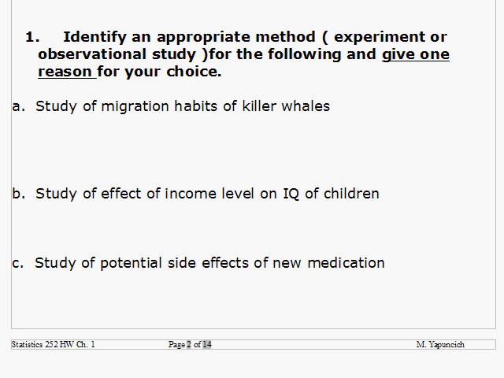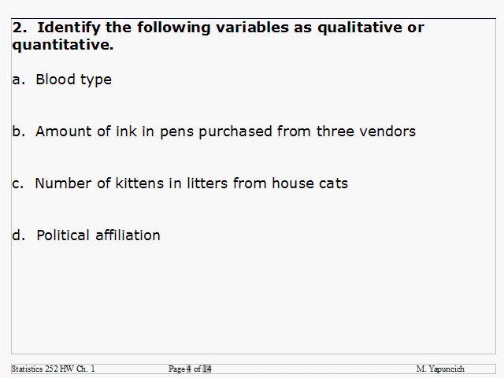So I think it's pretty easy to sort out which one would be which in this case. The important thing isn't that you're getting these ideas exactly right, but that you're understanding there's two different kinds of studies. Designed experiment, observational, both have advantages and they have disadvantages. Later on we'll look at the descriptive versus the inferential statistics.